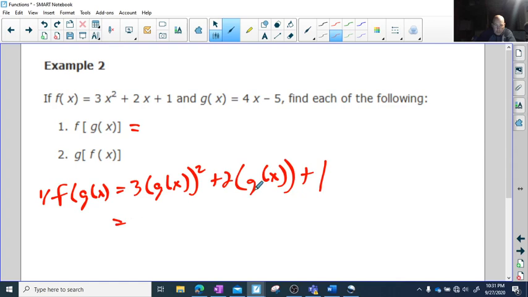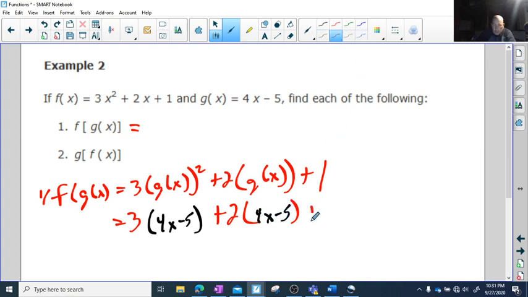Well, instead of g of x, put the actual value of g of x. So 3, I'll color code this one as best I can. So that g of x is 4x minus 5 plus 2. G of x is 4x minus 5.